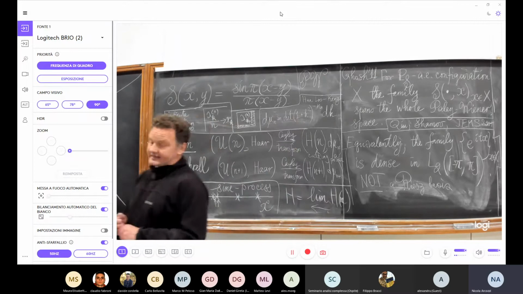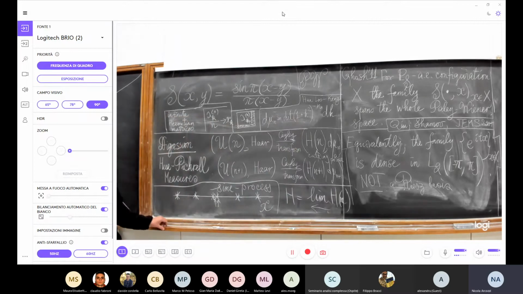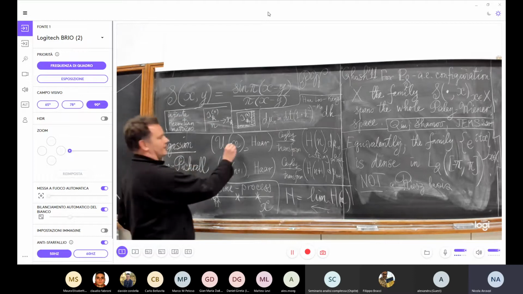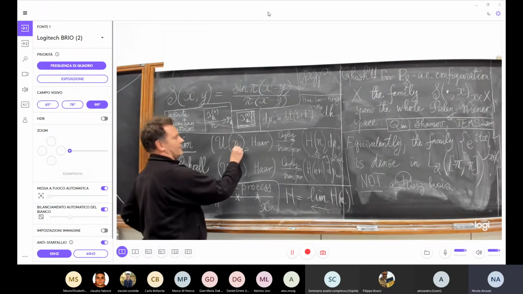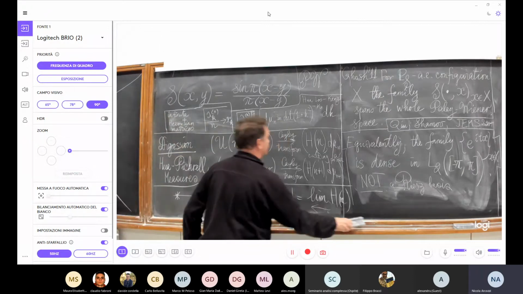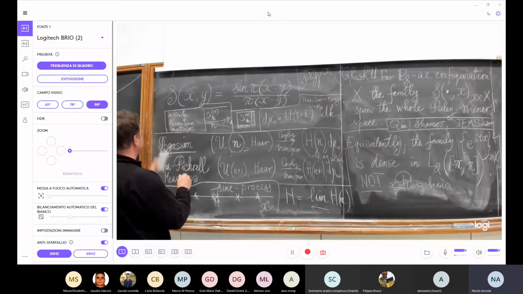It is nonetheless a uniqueness set, and the question is whether it is a minimal set. So let us look at the finite dimensional analog of this problem, precisely on the group UN.